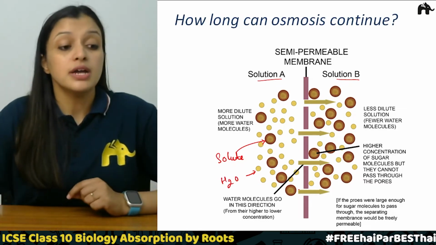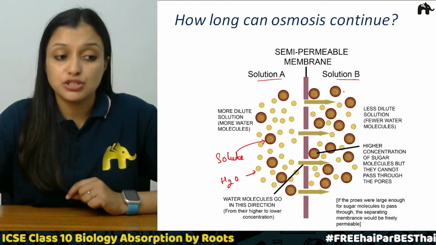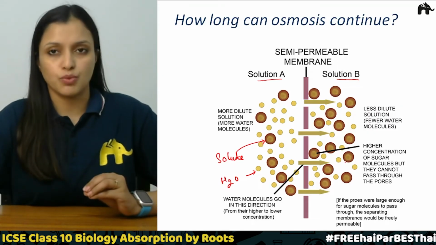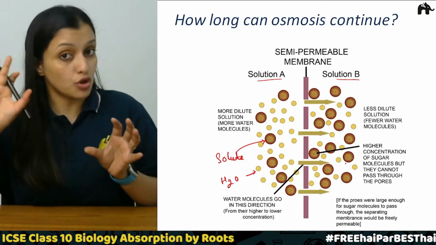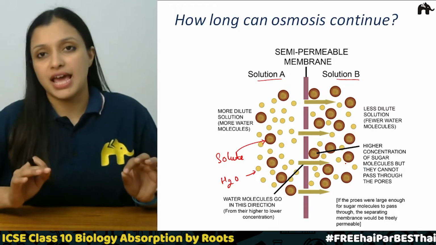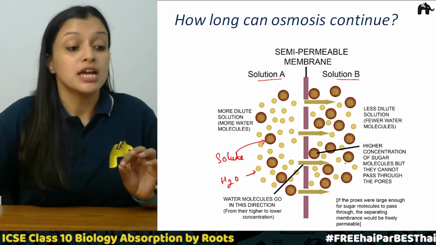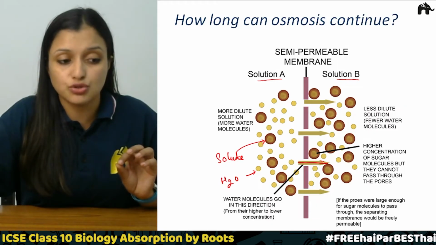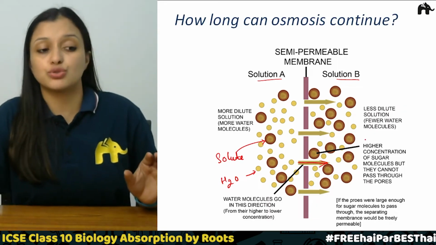Now in solution B, these solute particles, as you can see, are more as compared to the water molecules. So basically the concentration of solute particles is more on side B, right? So what will happen? There are fewer water molecules.